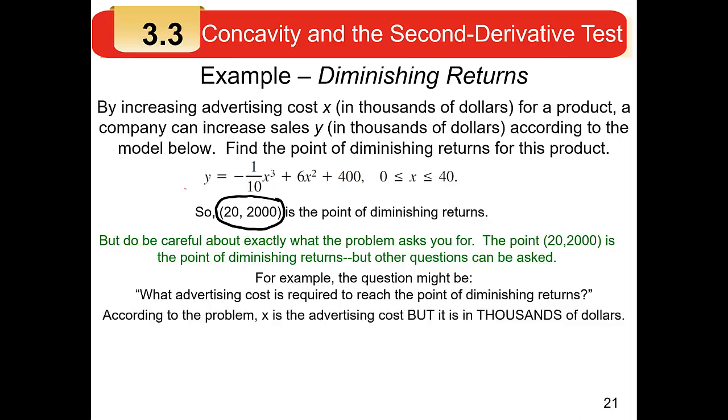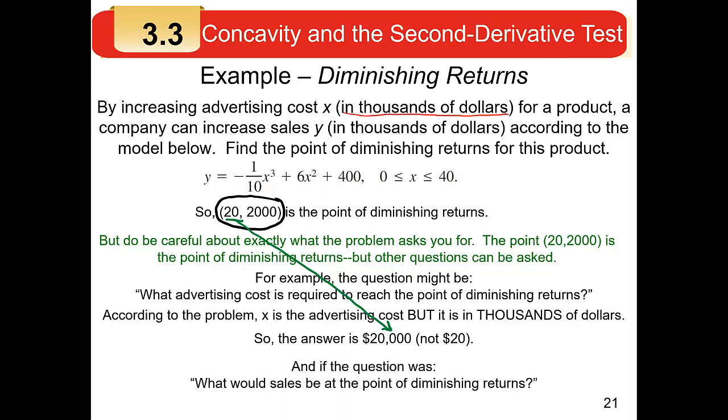Remember, the advertising cost is the x coordinate, and we found that x was equal to 20. But according to the problem, x is measured in thousands of dollars. So the cost is not $20, it's $20,000.